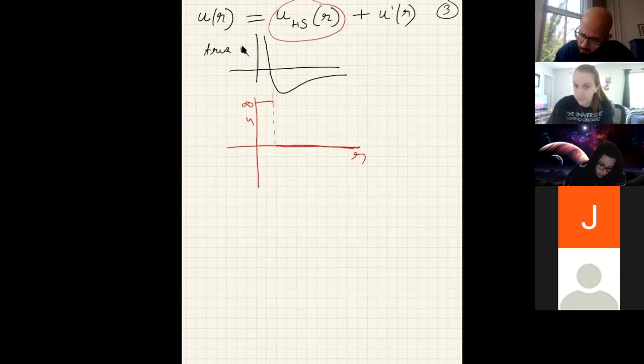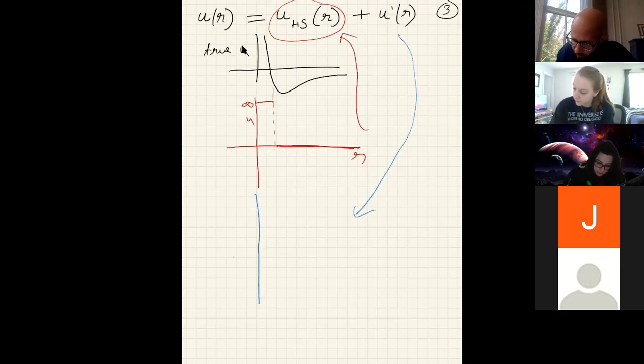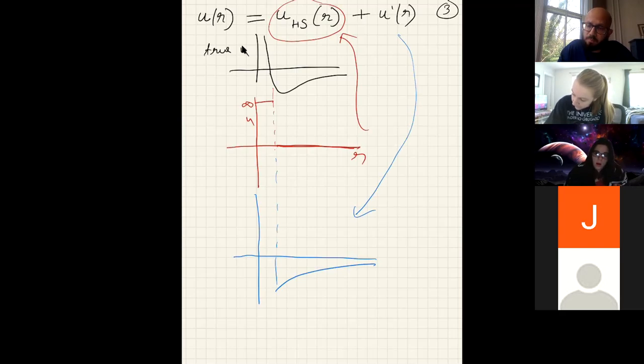So that's the hard sphere, and now we need the perturbation part. The perturbation part is going to be the difference of these two. So it's easy to see what the difference would be. Over here, the difference should look just like this line. So it's going to look something like this in this part, right? So if you add red plus blue, you will get black. And in the part before here, we let it continue this way.